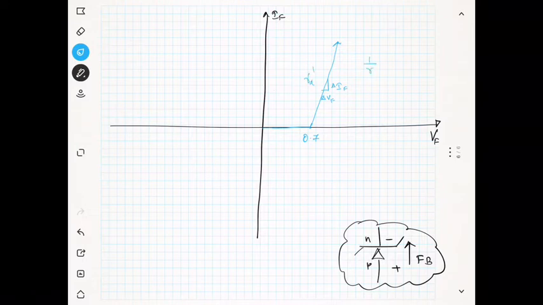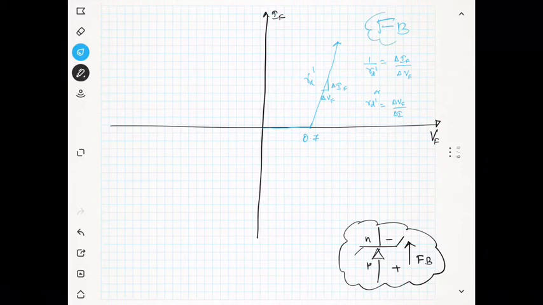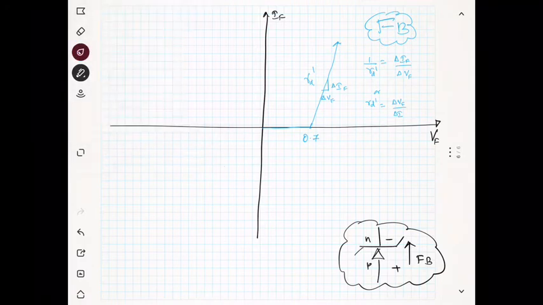So 1 by Rd dash is equal to delta If by delta Vf, or Rd dash is equal to delta Vf by delta If. This is the case in forward bias. Anyway, we are not going to focus on the forward bias. Our main area of operation in a Zener diode is the reverse bias.